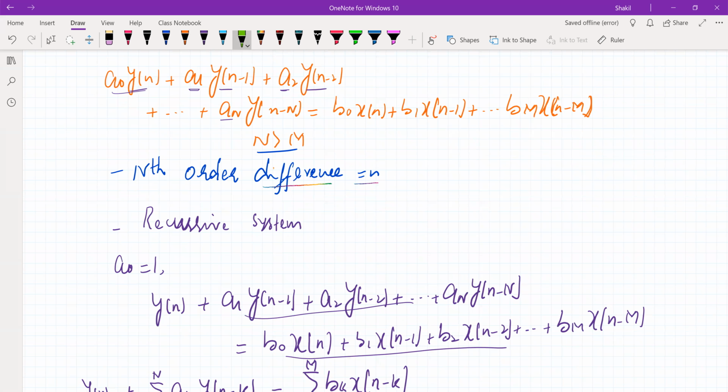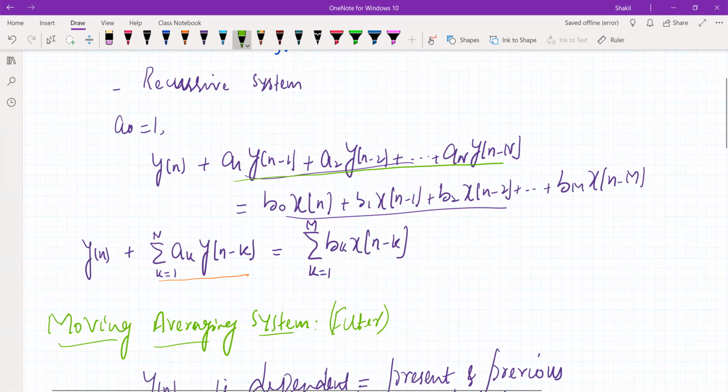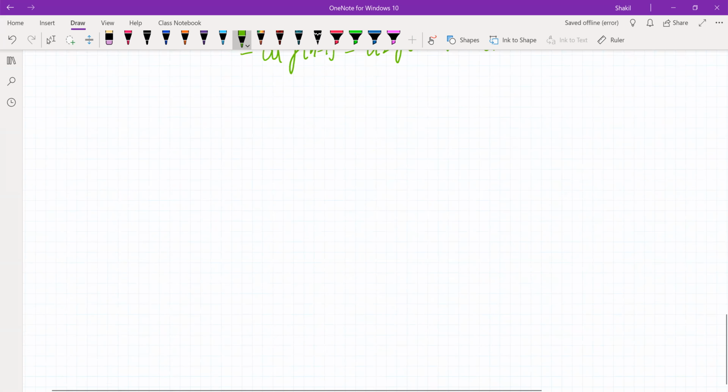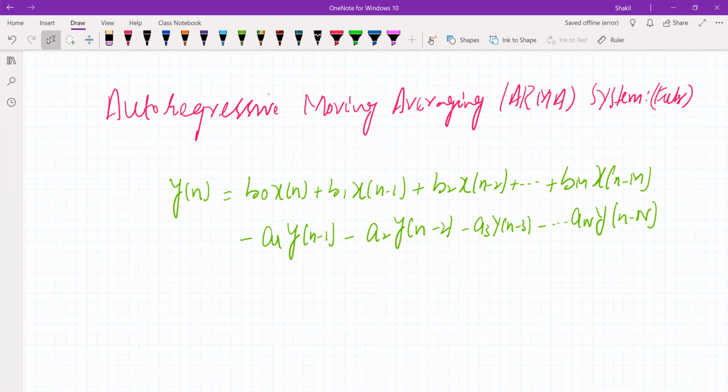The only difference is that we have arranged it with the output on the left and the rest on the right hand side. And this is referred to as the auto-regressive moving averaging system.